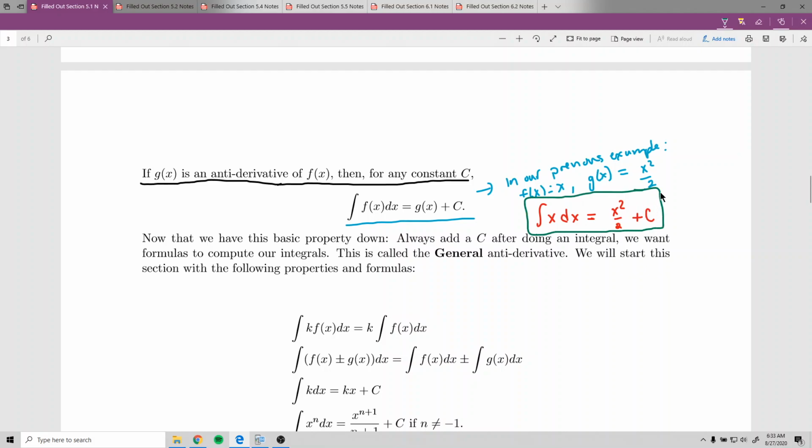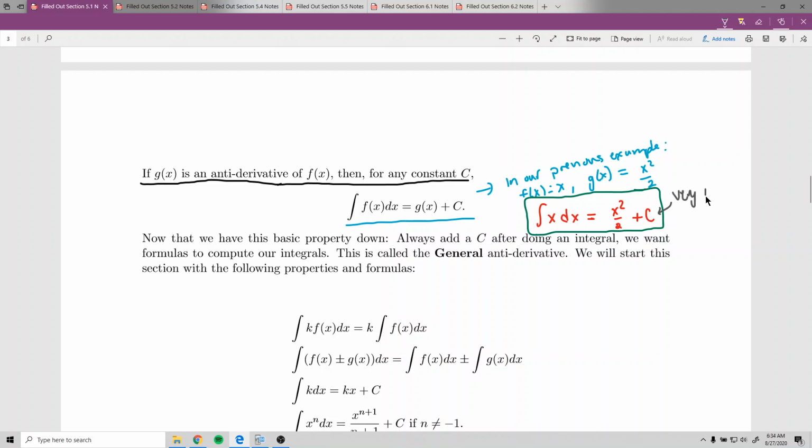If you don't add on this plus c, technically you do definitely have some work here to figure out x squared over 2, which we'll see below with the formula. It's going to be called the power rule for antiderivatives. But if you don't include that plus c, there's quite a few problems that you won't be able to do, because at some point you might need to solve for c. So it's really, really important, but also it's part of the answer.